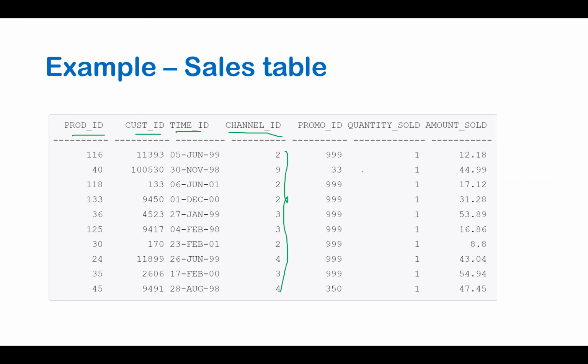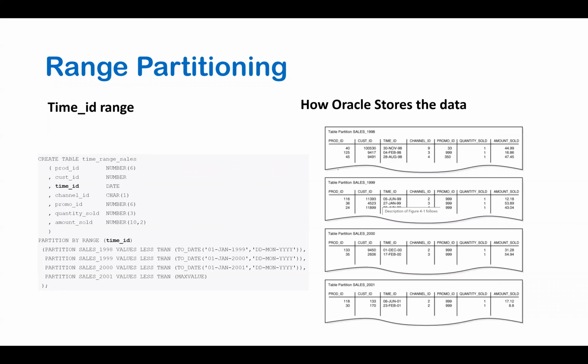Repeated values, so you can go for list partitioning. Then some promo ID. If you see promo ID also, we have some duplicate records. So you can go for promo ID and list partition, right? And channel ID also list partitioning. And this time ID, you can go for range partitioning. You can put some ranges, and quantity sold, amount sold and all. These are all the data we will store.